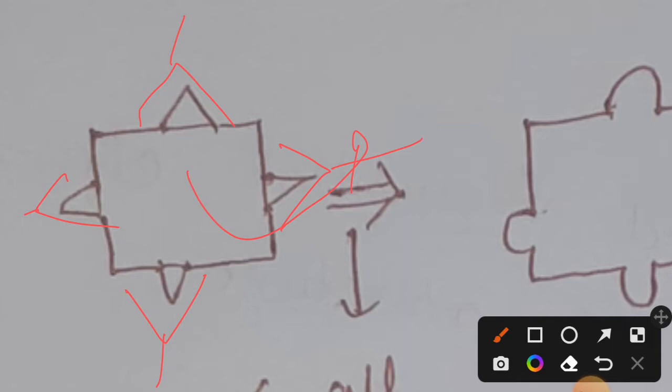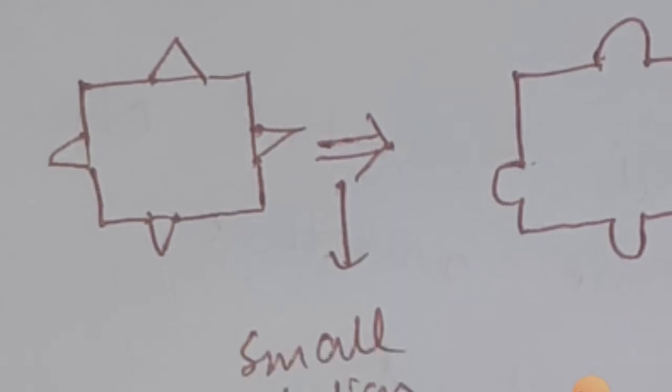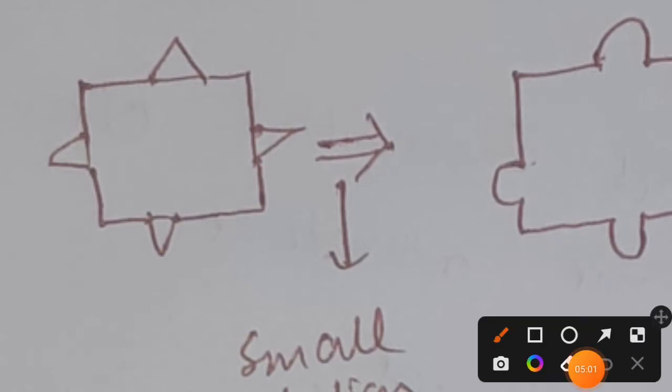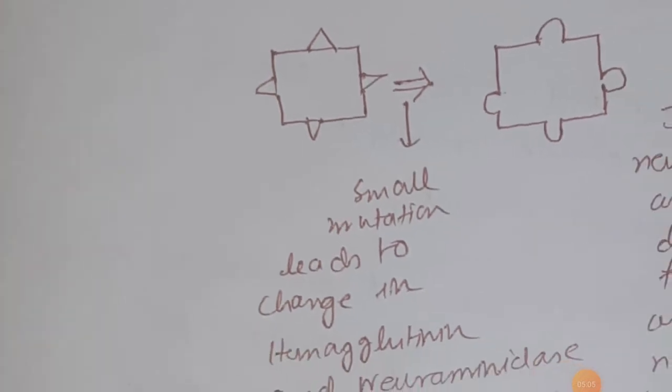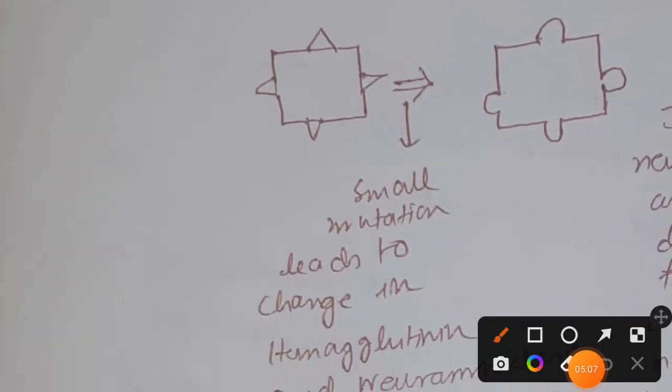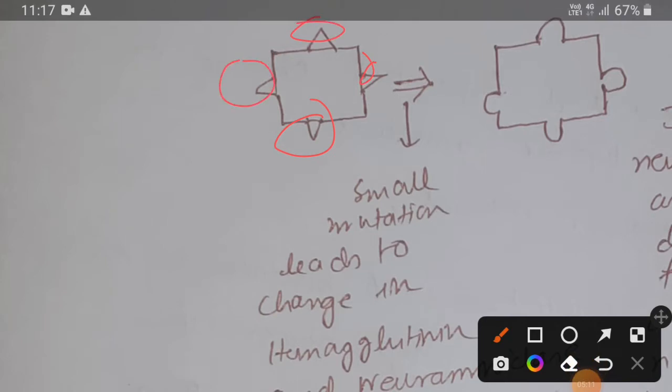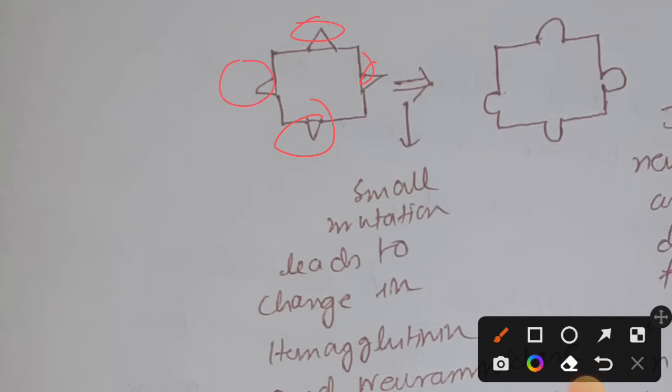But after that, the virus undergoes a small mutation, and this small mutation leads to a change in the hemagglutinin surface receptor. There is a formation of a new substrain of virus with a new type of hemagglutinin.